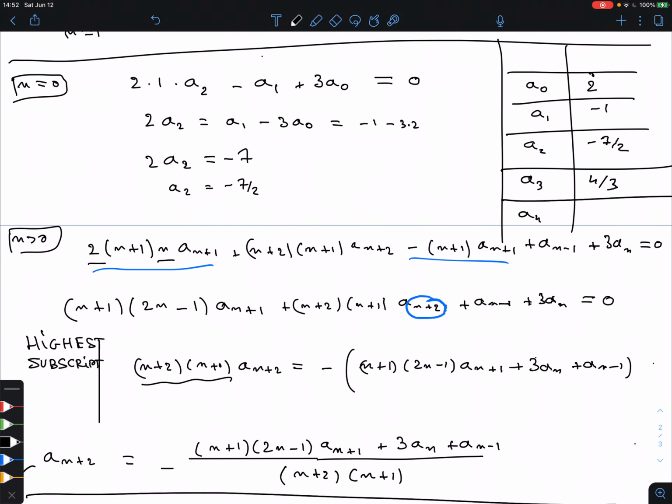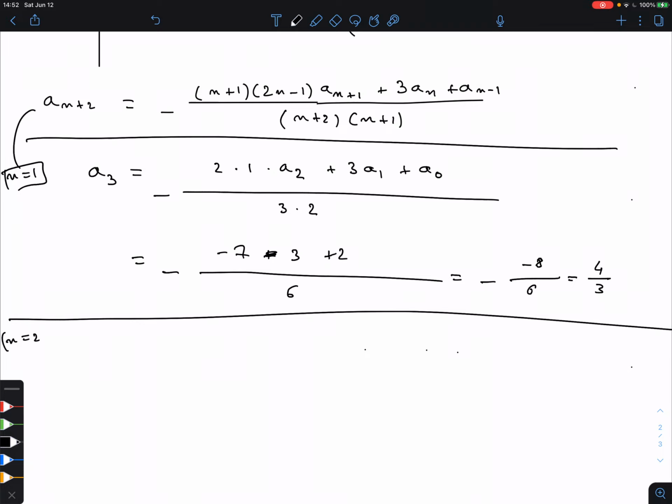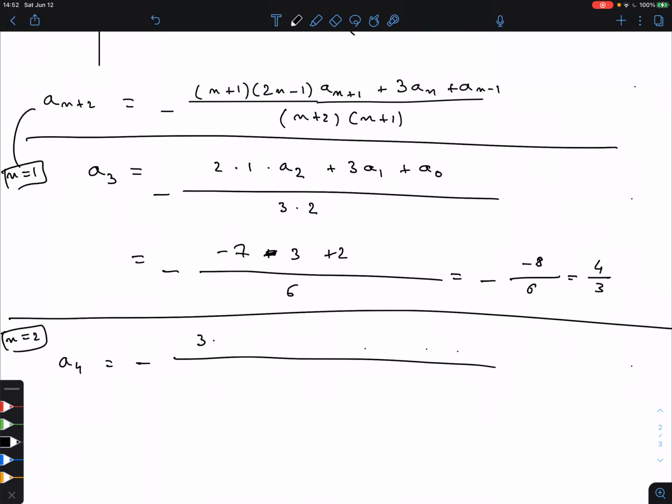Of course, A4 comes from n equals 2, okay? So I plug n equals 2 into this whole formula. Here we get A4, and here we get minus, and on top we plug in 2: 3 times A3 plus 3 times A2 plus A1.